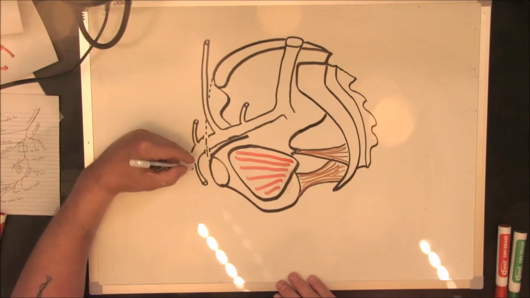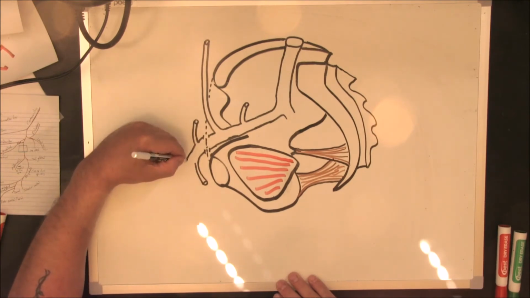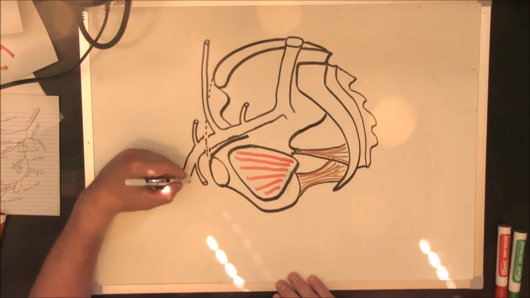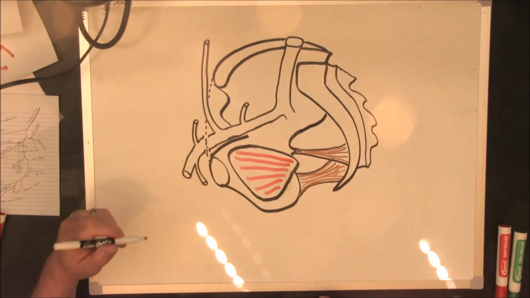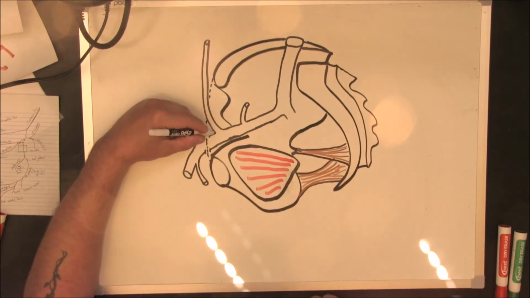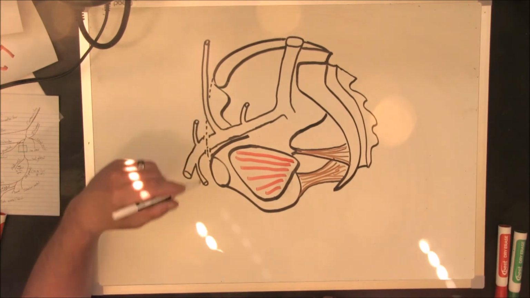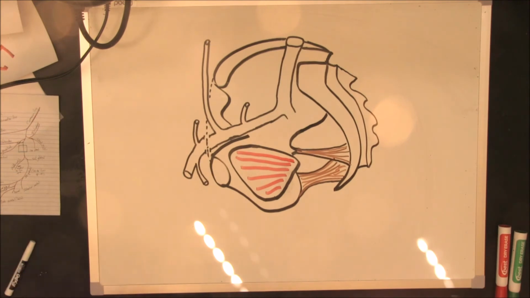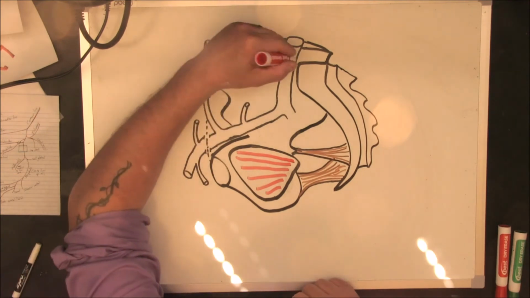This is the external pudendal artery, and we'll see its counterpart in just a little bit. Thereafter, we have the femoral artery and all of its branches in the lower limb and thigh. Now take a little break and draw this in, color it in red for artery.